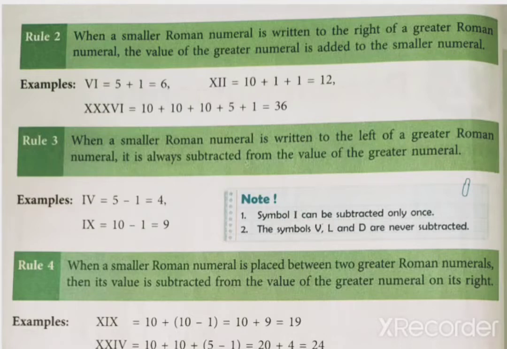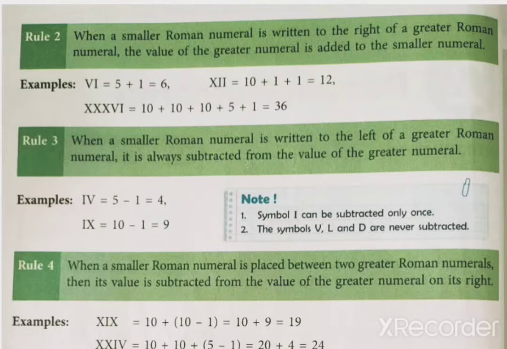V is greater, so we write I to the right side of V. So it becomes VI. 6 is VI. For 12, XII. X is 10, II is 2, so we write II to the right of the X.